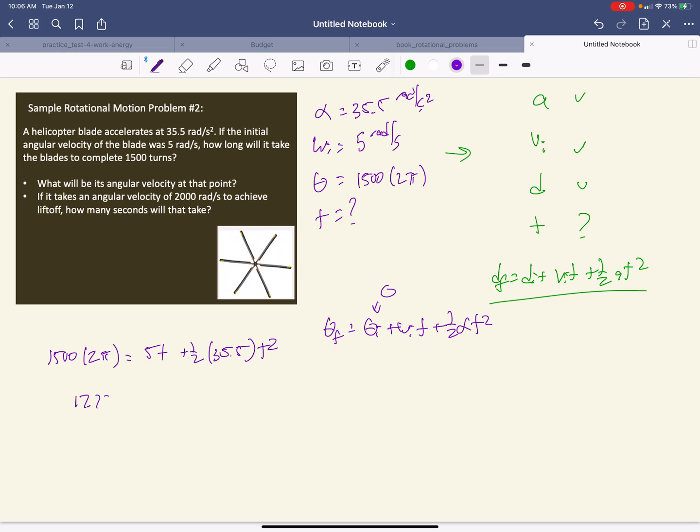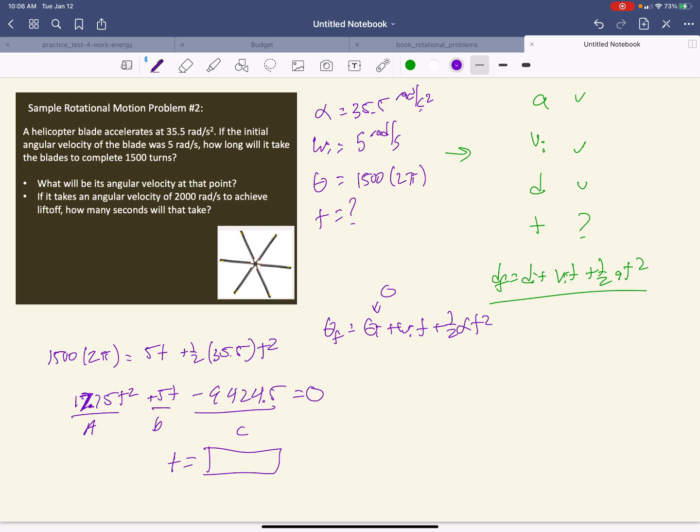So 17.75 t squared plus 5t minus 300 times pi, 942.45, equals 0. And so here's your A term, 17.75. Here's your B term, here's your C term. So you can plug this into a quad solver now and you can get your time.